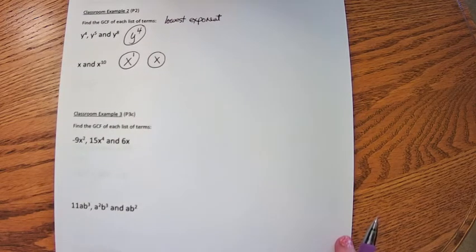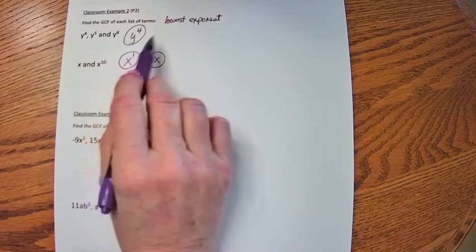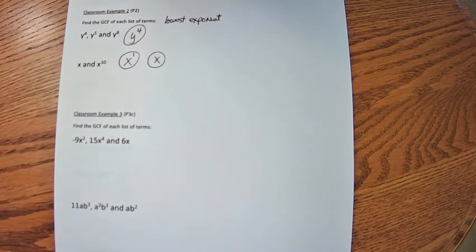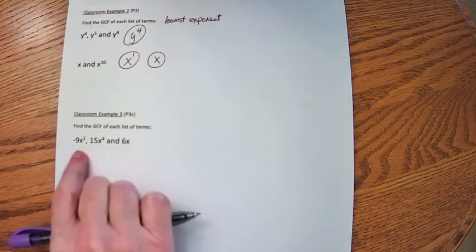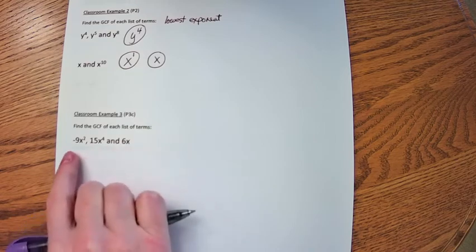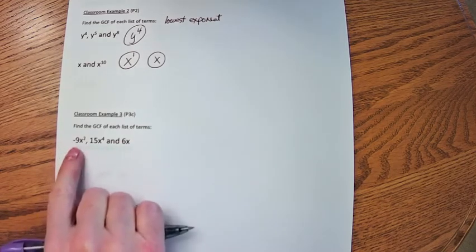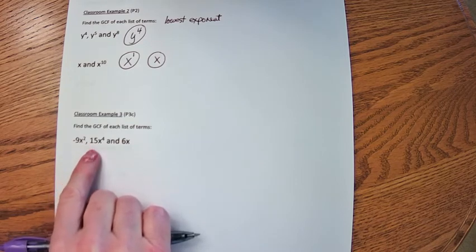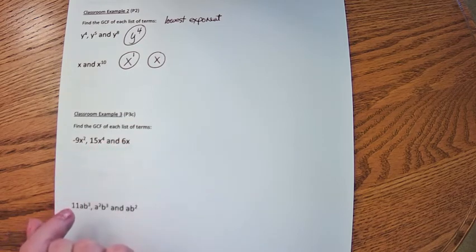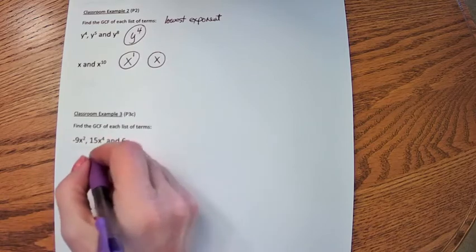And so now we've found how to find the GCF of numbers and also how to find the GCF of variables raised to powers. Now it's time to find the GCF of a list of terms. What if I wanted the GCF for negative 9x squared, 15x to the fourth, and 6x?